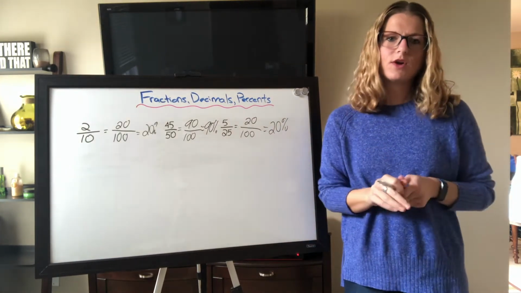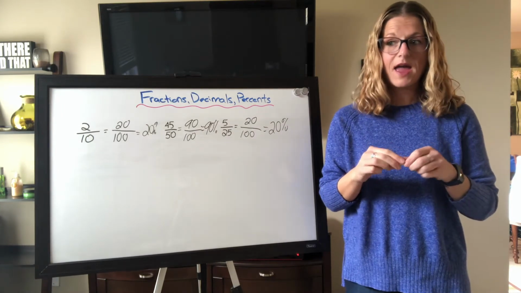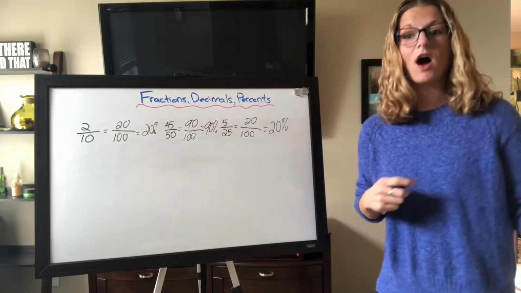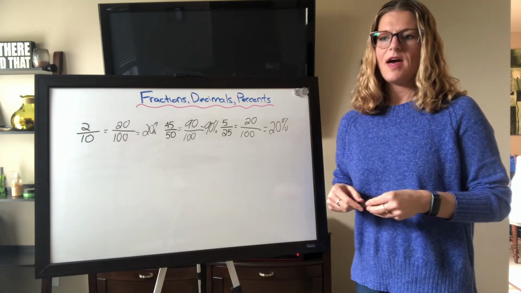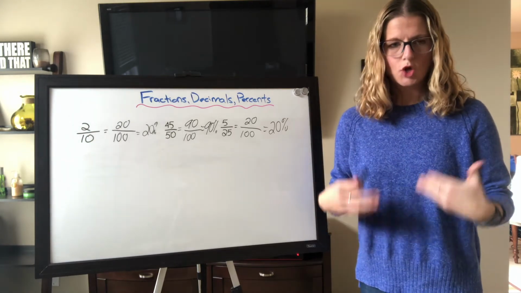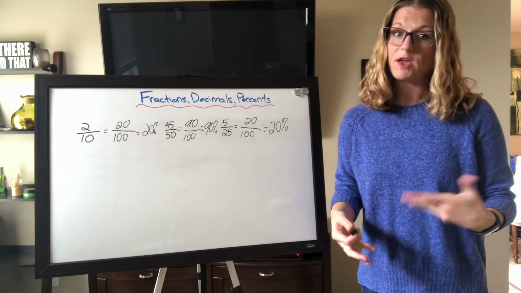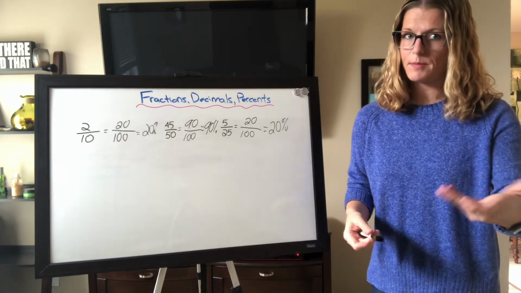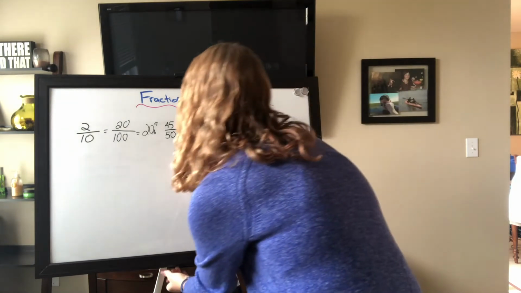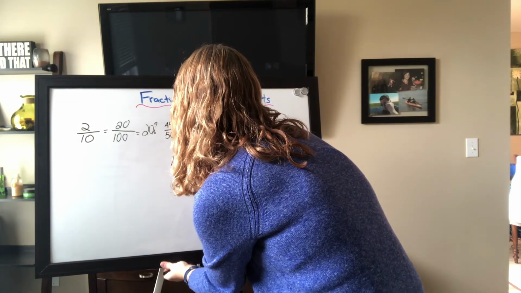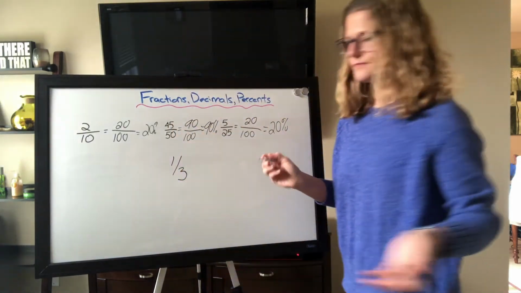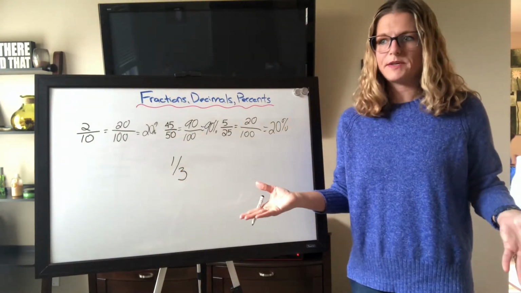Now, if you are ever working with a denominator that does not divide evenly or cannot be multiplied into 100 evenly, then the easiest way to find your percentage is to divide, but you might have to round, if you remember how to round. For example, if I got 1 out of 3, what is that in percentage?